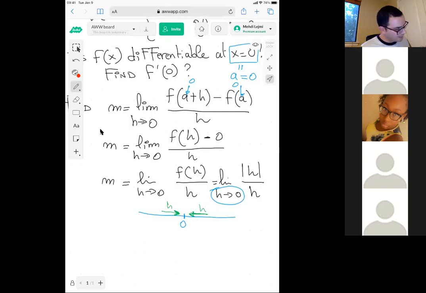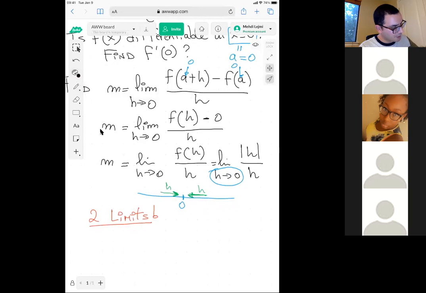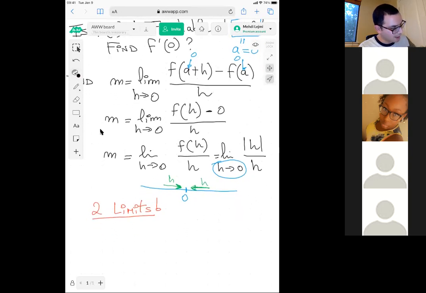So we're going to have two limits. It depends if h approaches 0 from the left or from the right. The first case is when h approaches 0 from the left.